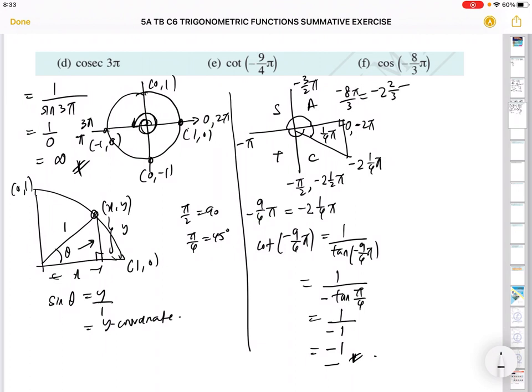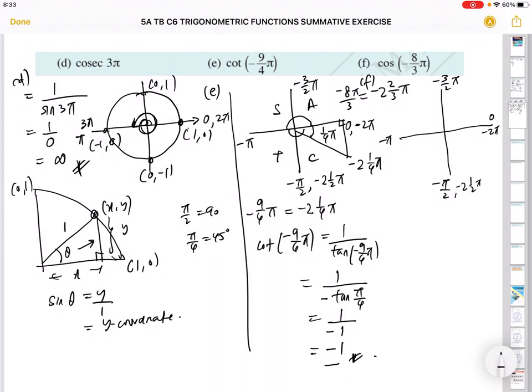So the diagram is quite similar to part E. Okay, this is E. Sorry for the fact that it's a bit messy or very messy. So where is negative 8 over 3 pi? This is 0, negative pi over 2, negative pi, negative 3 over 2 pi, negative 2 pi. Negative 2 over 3 is more than negative 2.5. This is negative 2.5. This is negative 3, right?